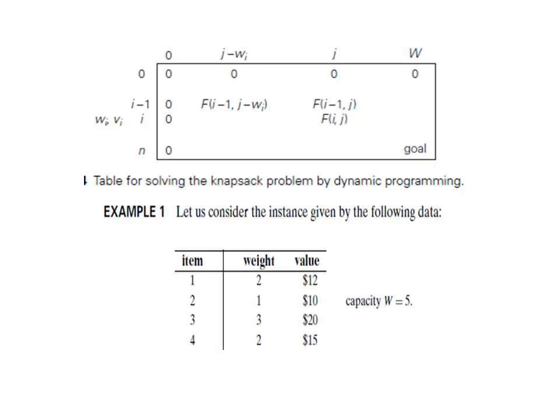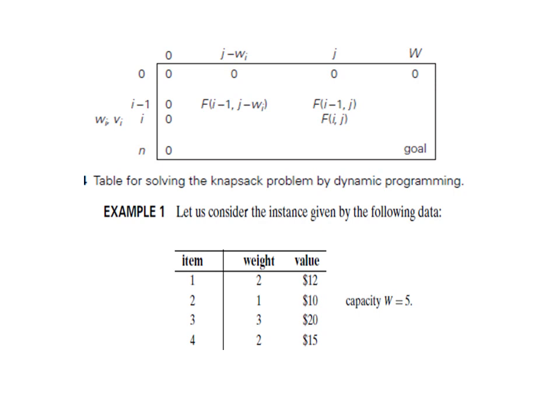So this is the table for solving the knapsack problem using dynamic programming. Here we can notice the first row and first column values are 0, and while constructing each value in the table, it depends on the condition: if the item which we are going to include fits into the knapsack, then only it will be included.